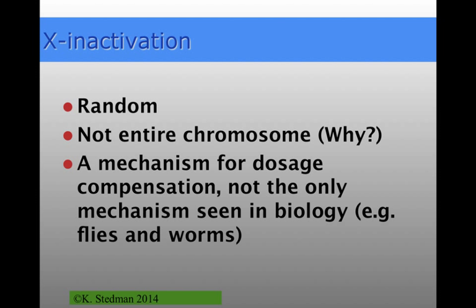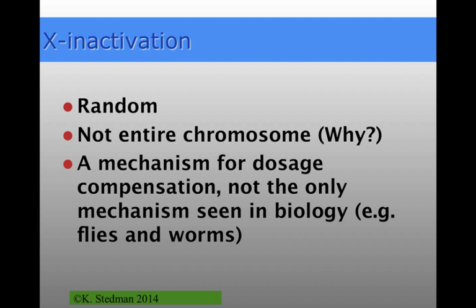Yeah? If there's a functional mutation in one X chromosome, will the other one be activated and deactivated to switch over? So I think the question here has to do with mutations that would either inactivate an active chromosome or activate an inactivated chromosome.